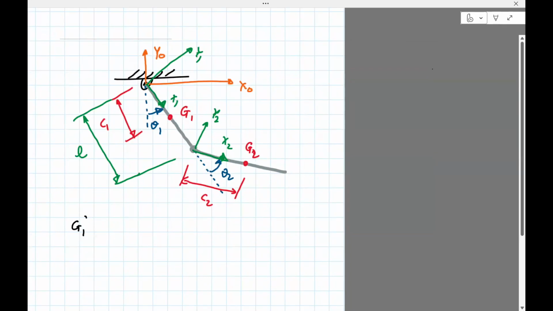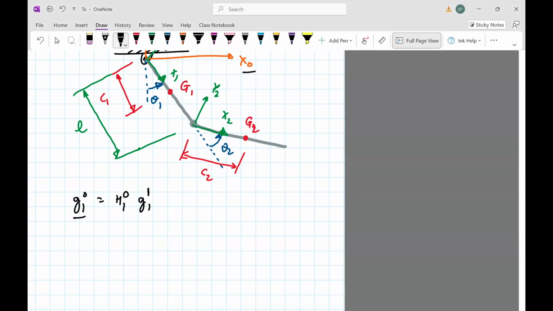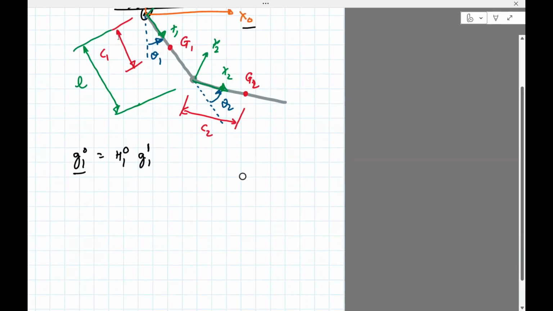G1 in frame 0 is H1 0 times G1 in frame 1. Actually, I think I use this notation, G1 0, G1 1. Okay, so again the G1, G2 just means the point, but then the superscript 0 and 1 means the frame. So this is the frame 0, this is the frame 1. So let's write this down. The homogeneous matrix is the one which will have cosines, sines, and so on.